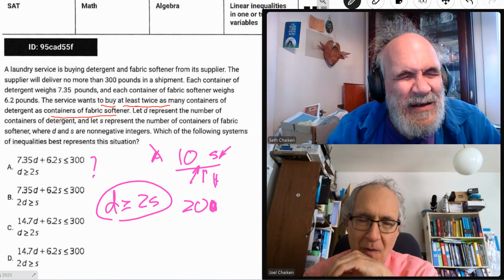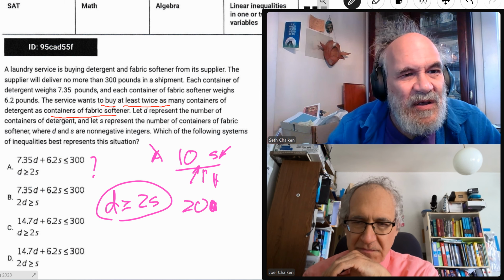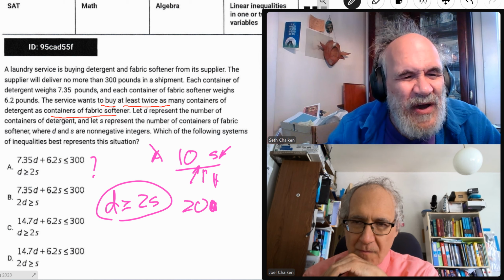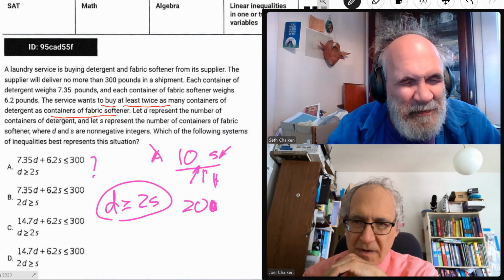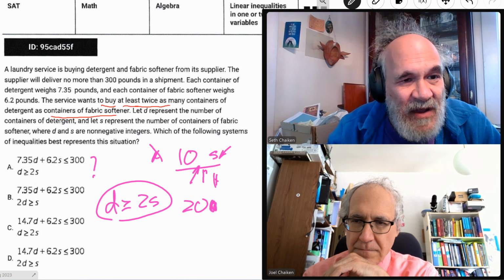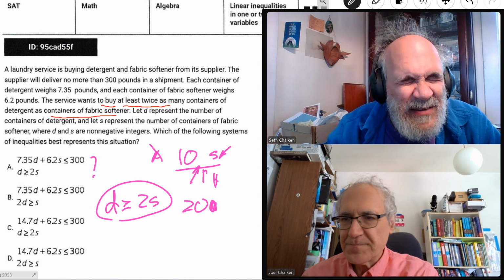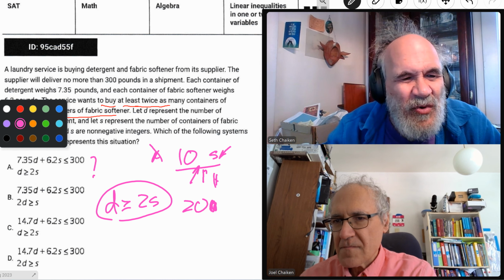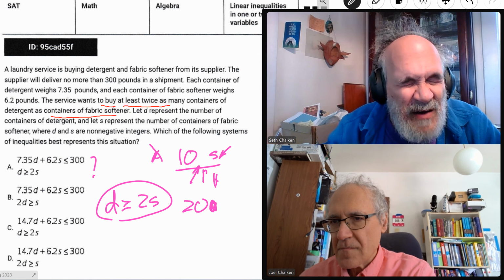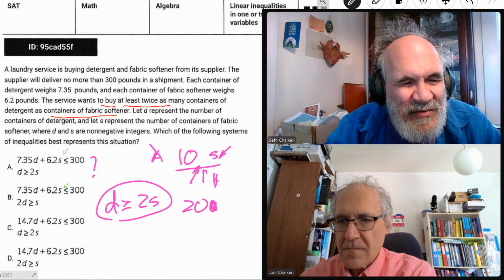And then the other situation is you want the total to be less than or equal to 300 pounds. What's less than or equal to 300 pounds is the weight of the detergent plus the weight of the fabric softener.